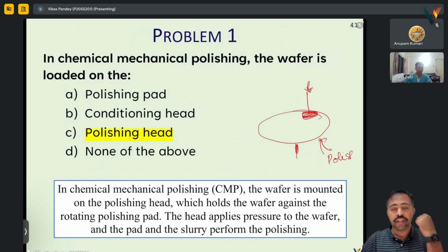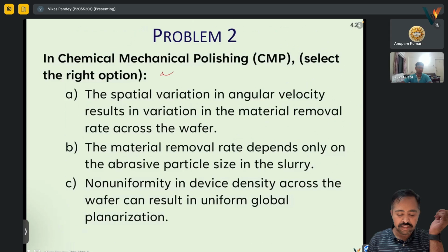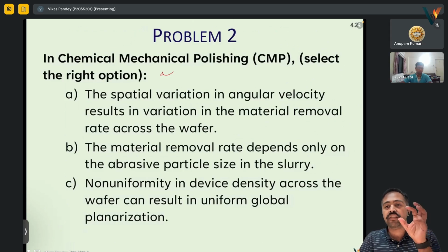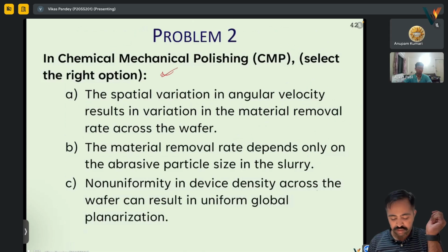In CMP, select the right answer. A: spatial variation in angular velocity results in variation in material removal rate across the wafer. B: material removal rate depends only on abrasive particle size in the slurry. C: non-uniformity in device density across the wafer can result in uniform global planarization.